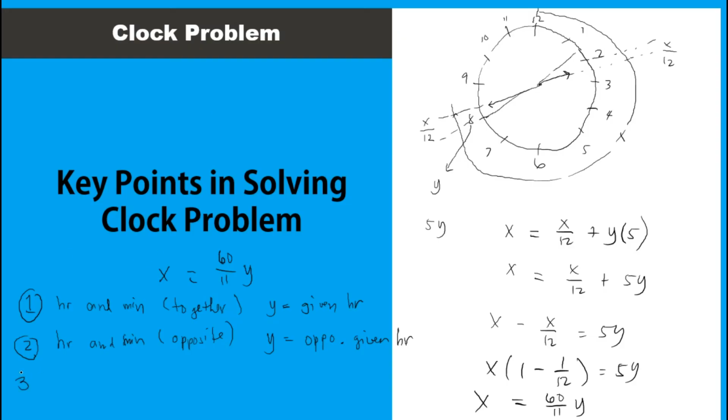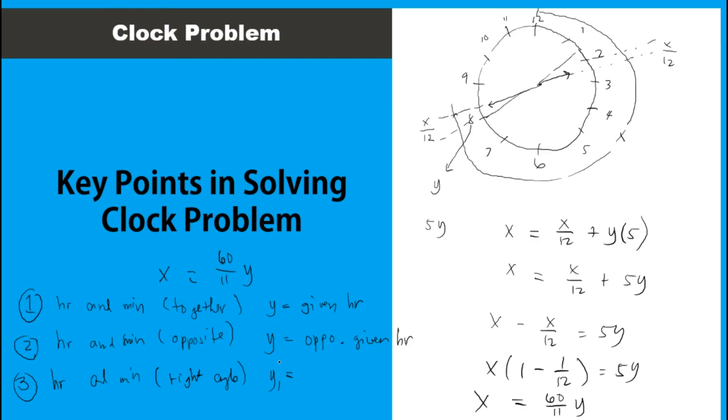For the third condition, the hour and minute hands form a right angle. So your y is, the hour and the minute hand will form a right angle twice. So for the first time, you will count a 3-hour interval from that given hour.